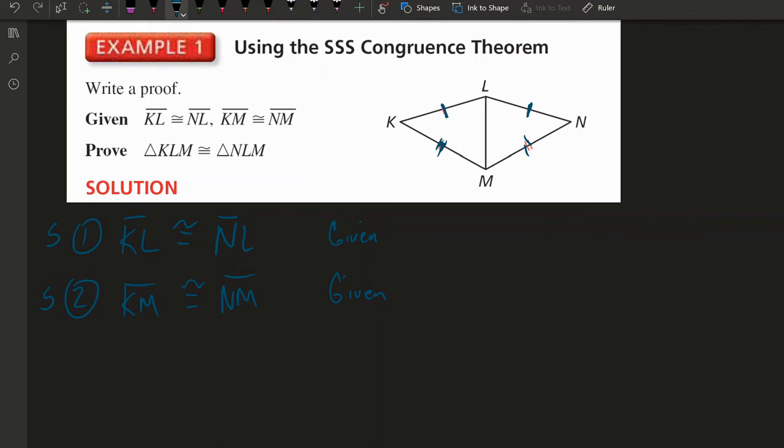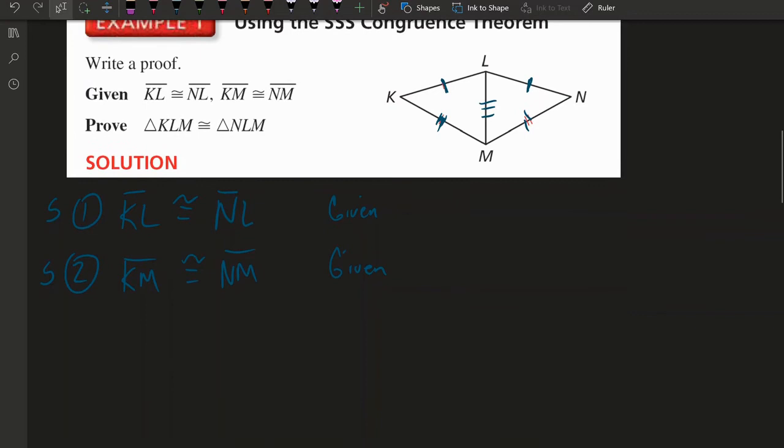So the last thing is I need to show that one more set of corresponding sides is congruent, and that would be this side right here, LM. And since LM is the same on both triangles, I can say that LM is congruent to itself, LM. And the reason for that is the reflexive property.